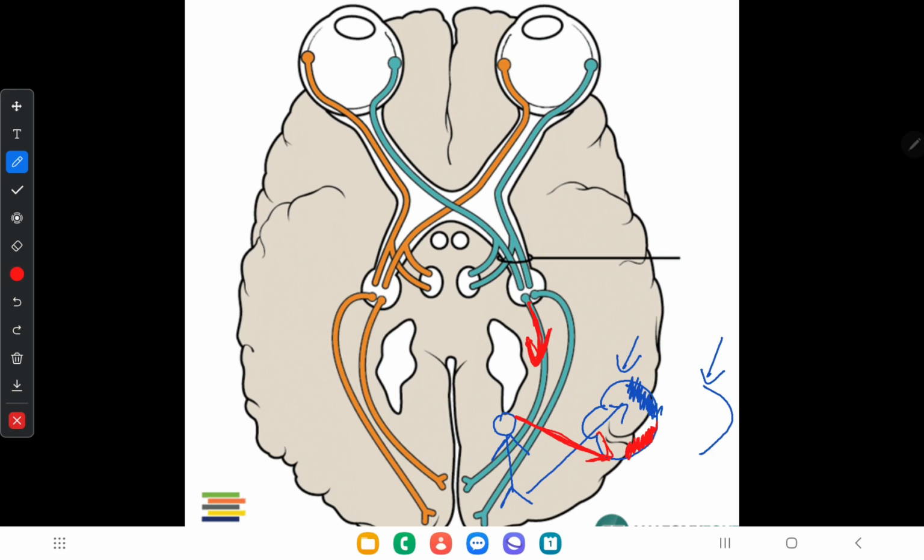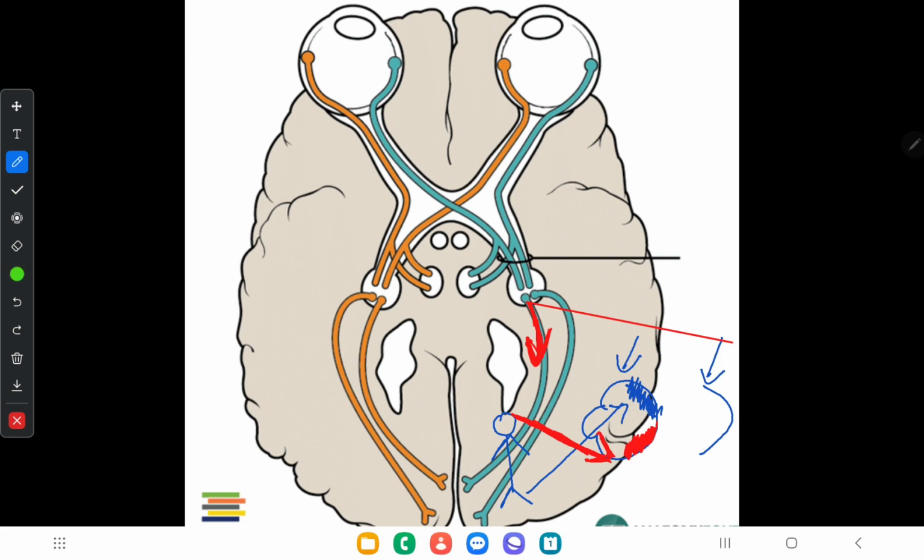Nothing much to remember. The lower fibers of the optic radiation carry impulses from the inferior retinal quadrants. That means it represents the superior visual field.